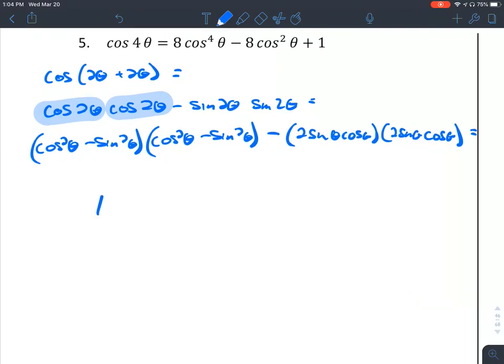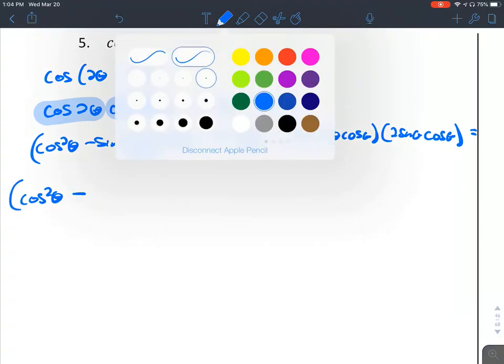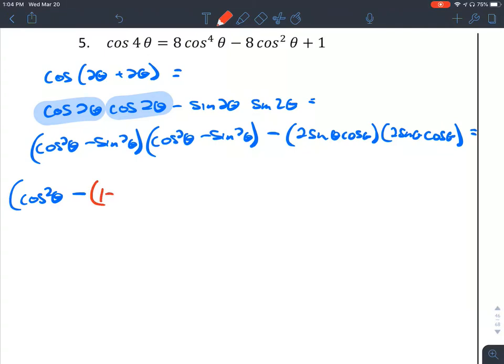So here, for example, I can replace sine squared of theta with 1 minus cosine squared of theta. So I'm going to do that. So I have cosine squared of theta, subtract, and I'm going to put in here for sine squared of theta 1 minus cosine squared of theta. I'm going to do that again for this one beside it because they're the same.